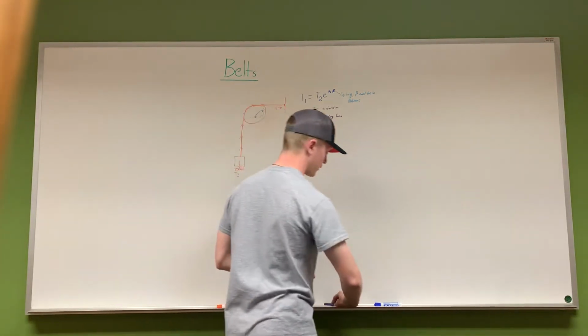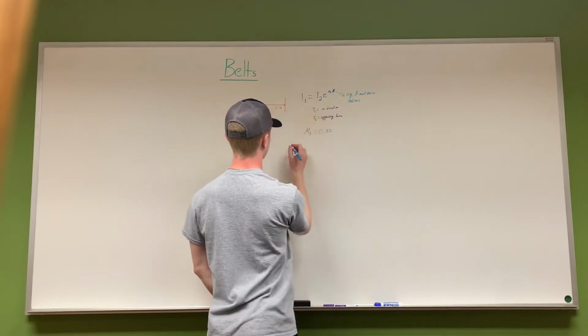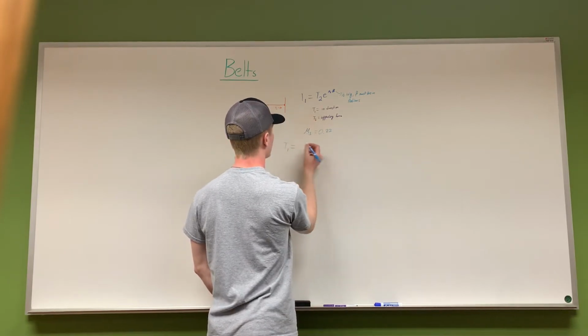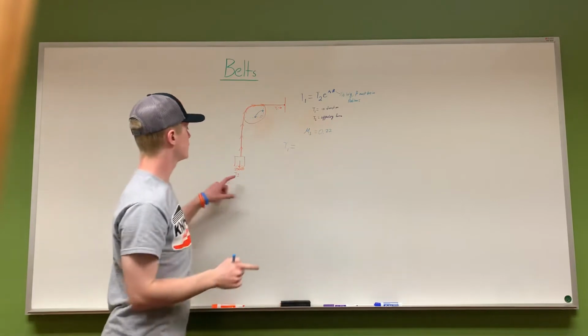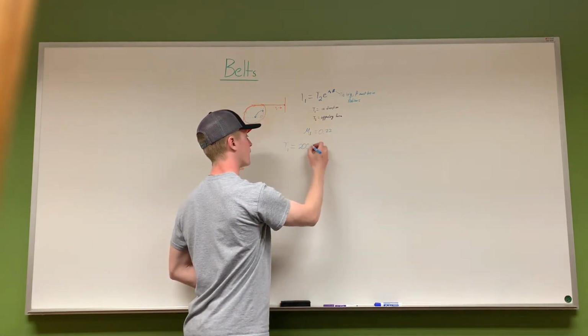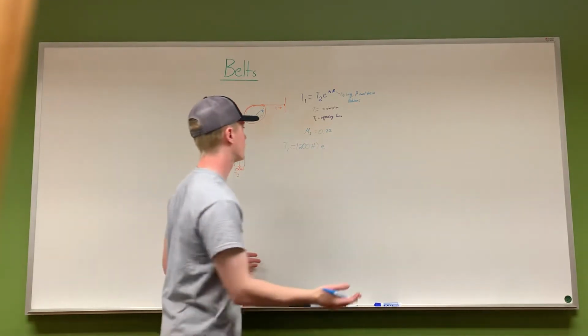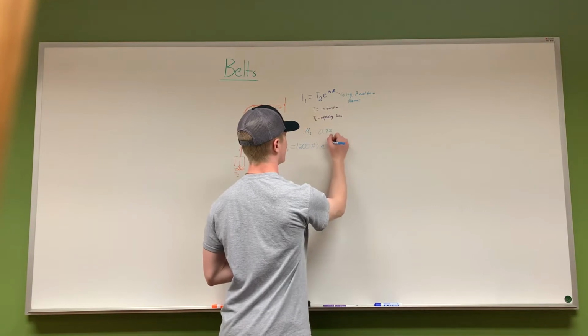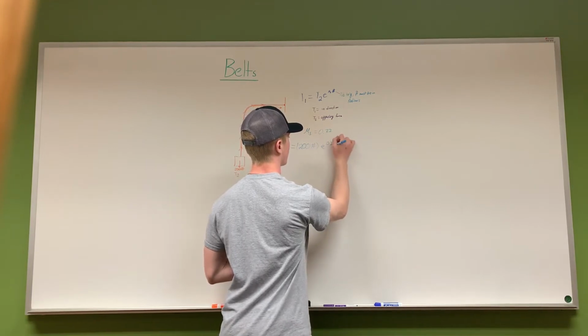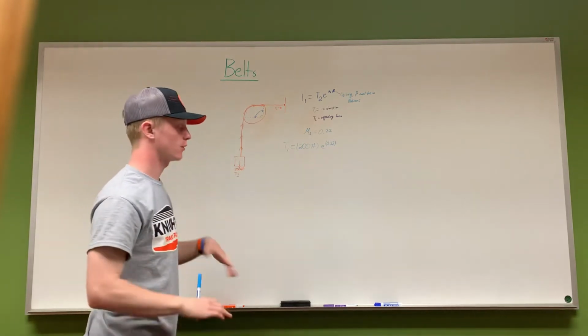Now we're going to do a little solving here. T1, which is the force we're looking for, equals T2, our force here, 200, times E to the 0.22 times this angle it's acting over, which is 90 degrees, or in radians, pi over 2.